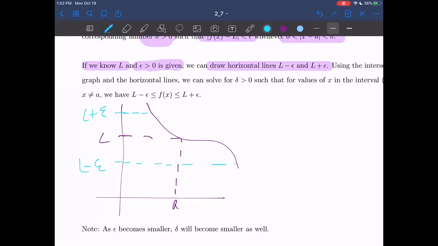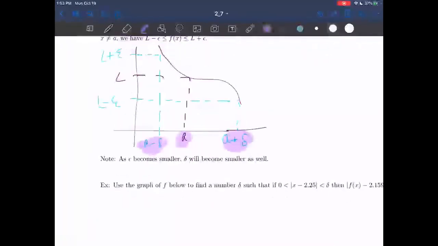We can track them over and find what points they intersect with our graph and drop down to get our A minus delta and our A plus delta. Then we can subtract A minus delta and A plus delta from A to give us our delta value. Something to note is that as epsilon becomes smaller, our delta will also become smaller.